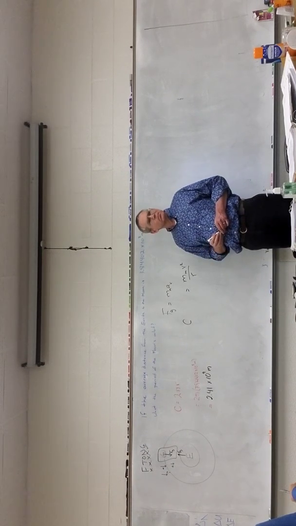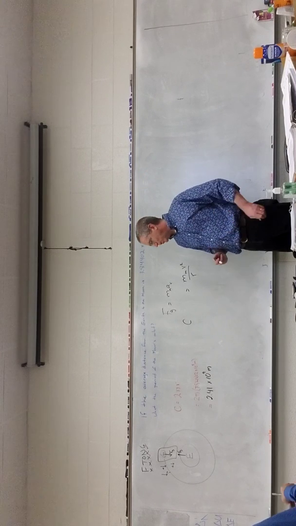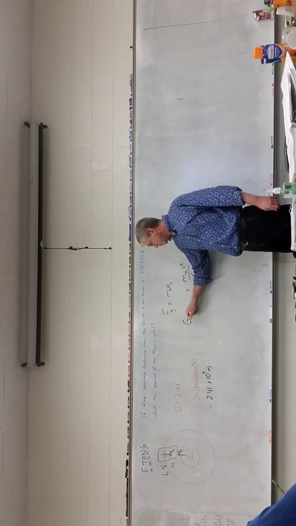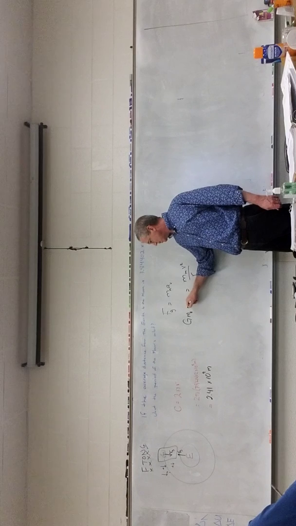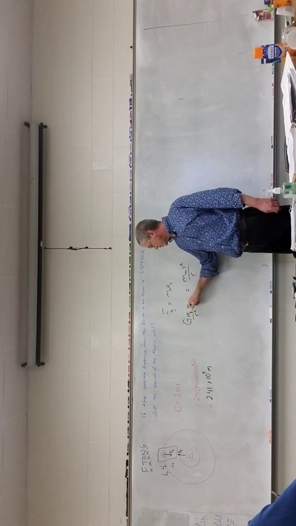We use the G M1 M2 over r squared. That's the one. Big G, mass of the Earth, mass of the moon, over r squared.